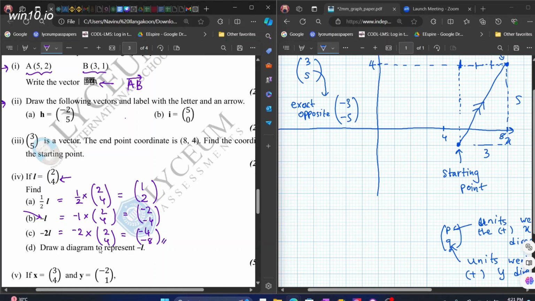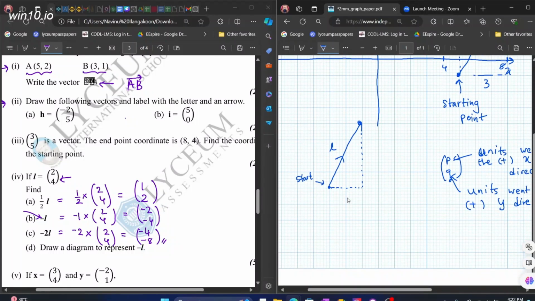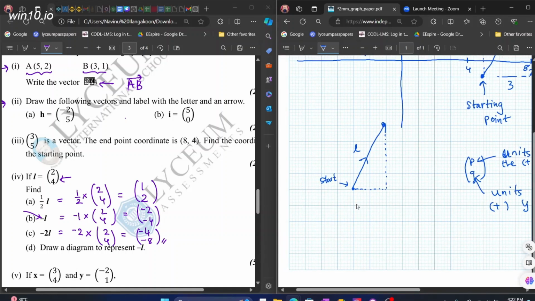Now draw a diagram to represent minus L. Okay, let's see that. Think that we start from here. This is the starting point. So L is (2, 4). This is L. Now what we have to get is minus L. So let's think that I started from here. This is the start.